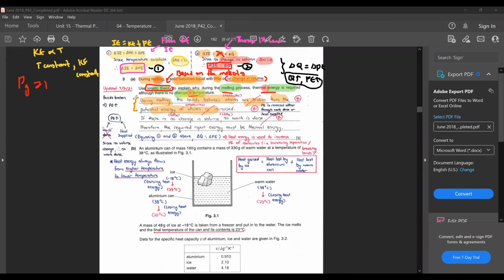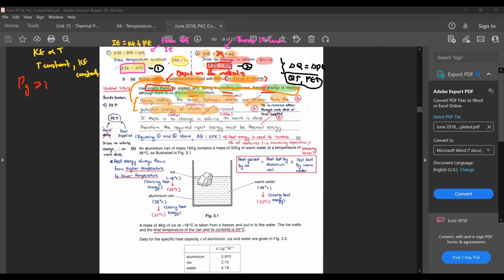If your molecular potential energy increases, you must have heat supply. During melting, the bonds between atoms are broken, so the potential energy of the molecules is increased. When the potential energy of molecules is increased, you need to have heat supply.